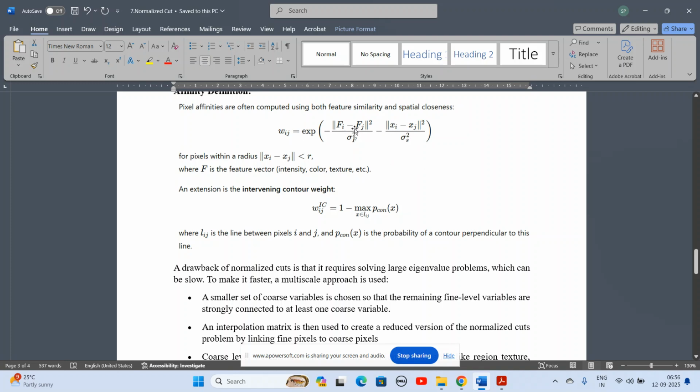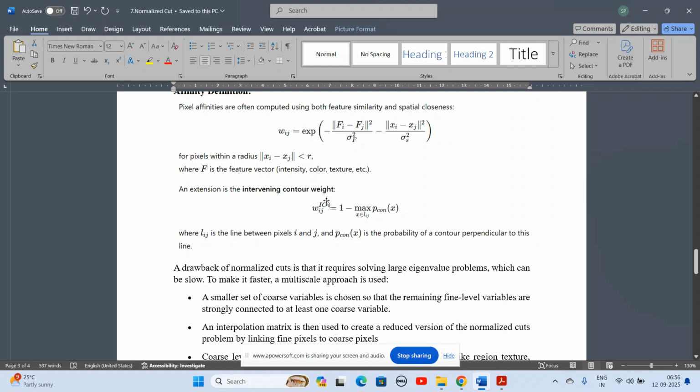The feature difference represents how different the pixels' features are, and x_i minus x_j represents how far apart they are in the image. Sigma_f and sigma_s represent the scaling parameters, and r is the maximum neighborhood radius. If two pixels are very close, then W_ij would be equivalent to 1.